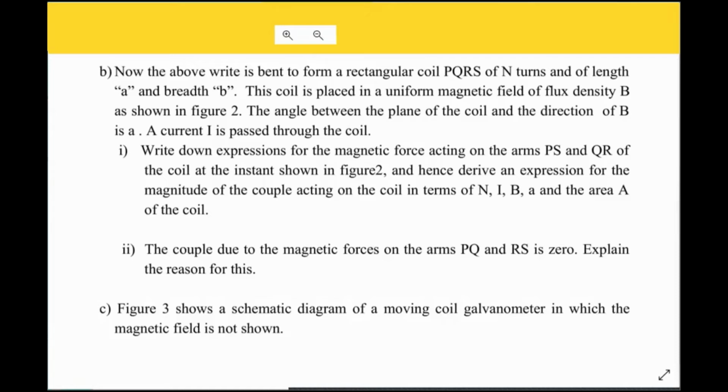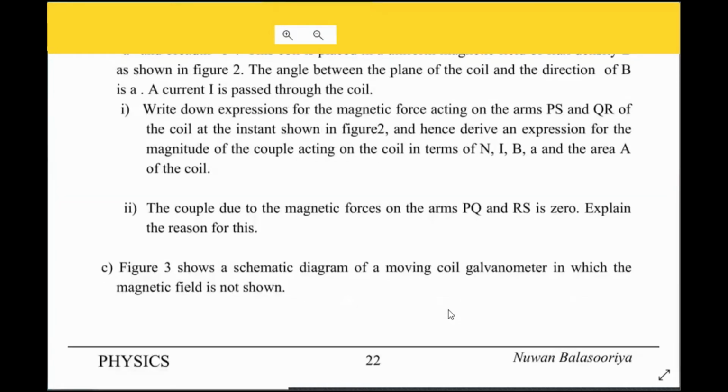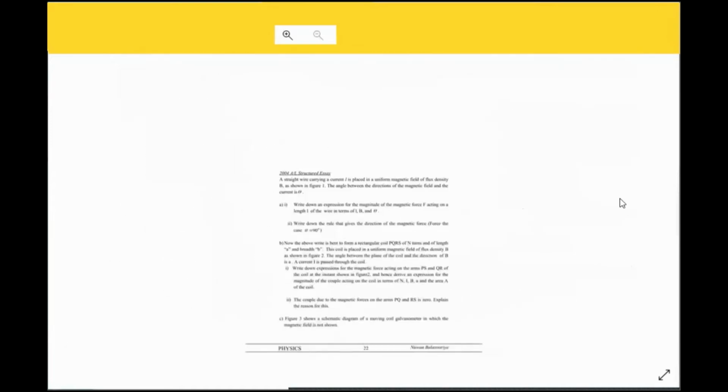Sample C question. Figure 3 shows a schematic diagram of a moving coil galvanometer in which the magnetic field is not shown. So we have to go to the next page.